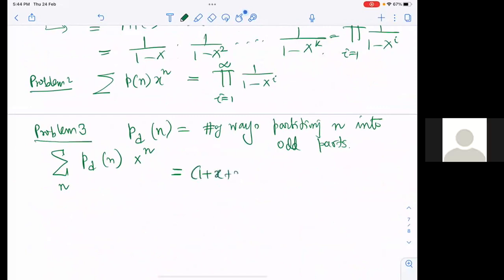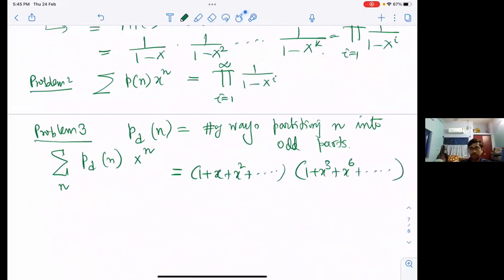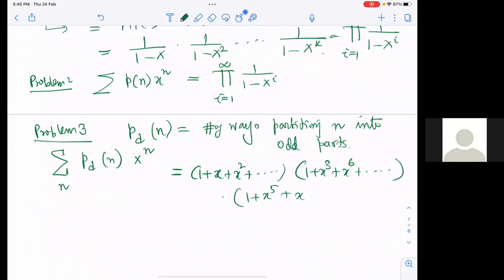Not x squared; include 1 and then you can include the cube term, because 1 could also be included. So that's like a product.